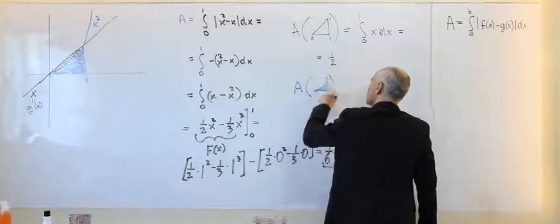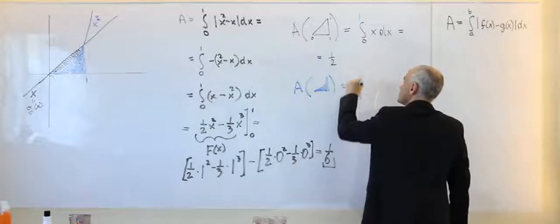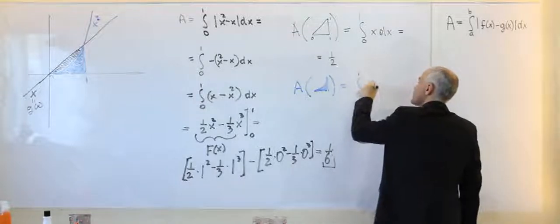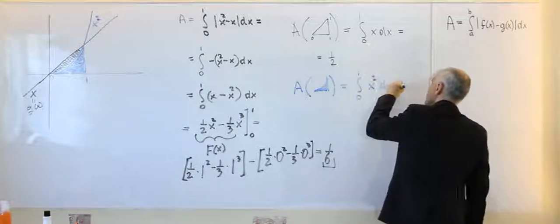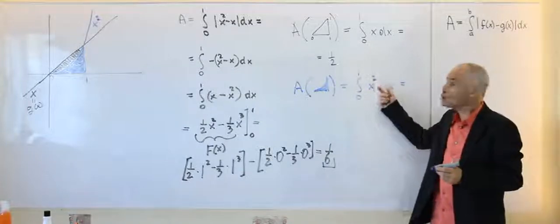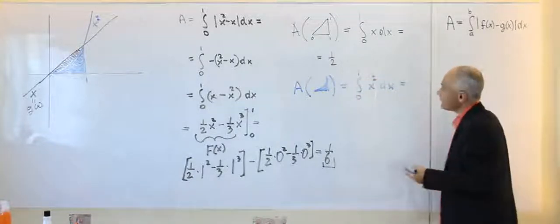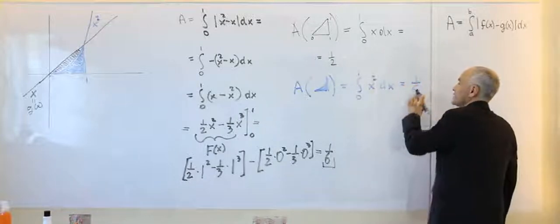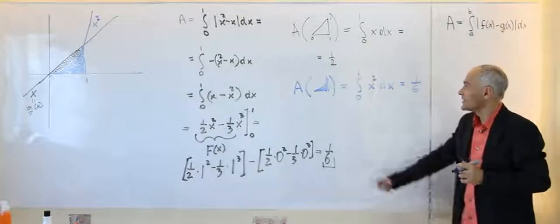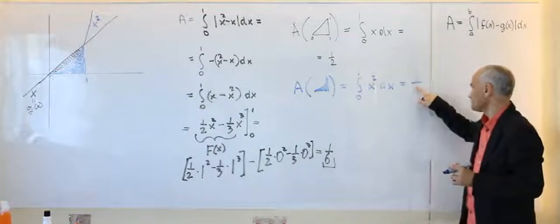So this area, that's the integral from 0 to 1 of x squared dx. So that is 1/3 x cubed evaluated at 1 minus 1/3 x cubed evaluated at 0. So you can check that you get 1/6. Sorry, you get 1/3.